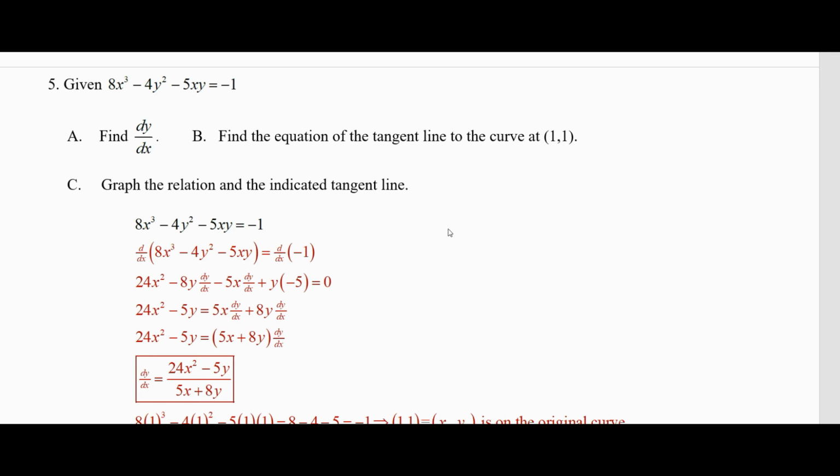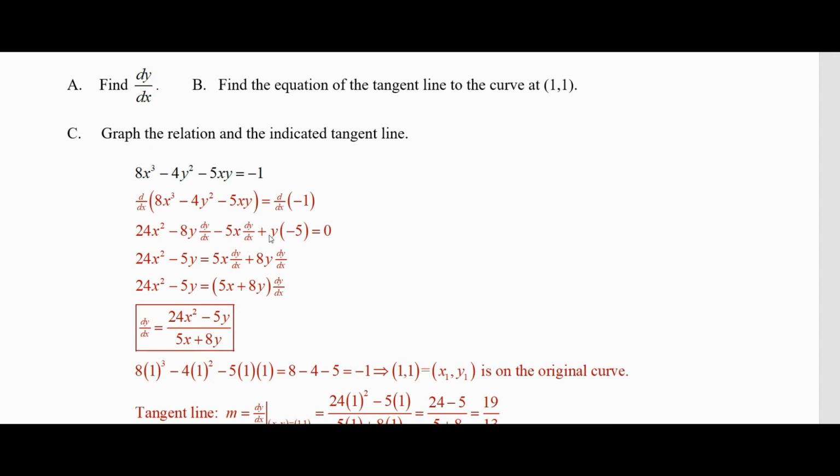So let's see what to do first. Find the derivative. So take the derivative with respect to x on both sides. The derivative of this constant on the right is 0. The derivative here is, there's 3 terms, so we're going to get 3 derivatives added together. The derivative of the 8x cubed is 24x squared, and those are the same letter, so no chain rule is involved there.